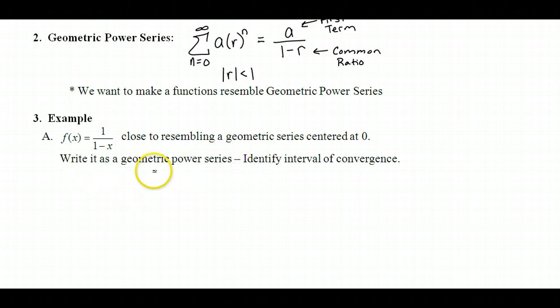So first of all, let's write it as a geometric series, and then we're going to identify our interval of convergence. So when we look at our function, we have that 1 divided by 1 minus x. Now we have to think of the sum of a geometric power series, which we have above. And this is really nice because the first one is set up well for us.